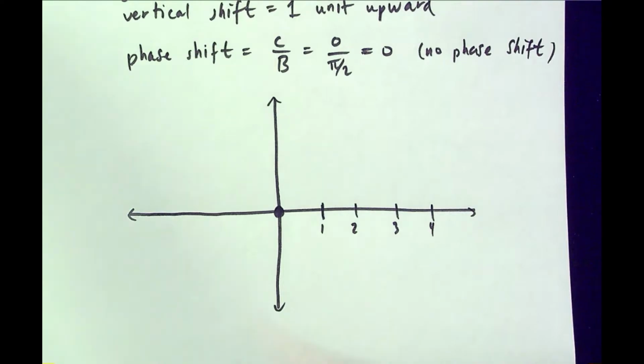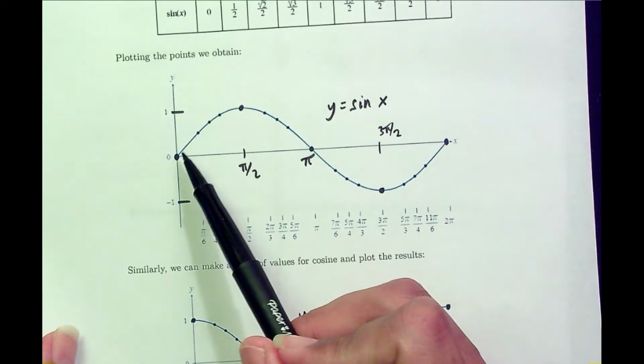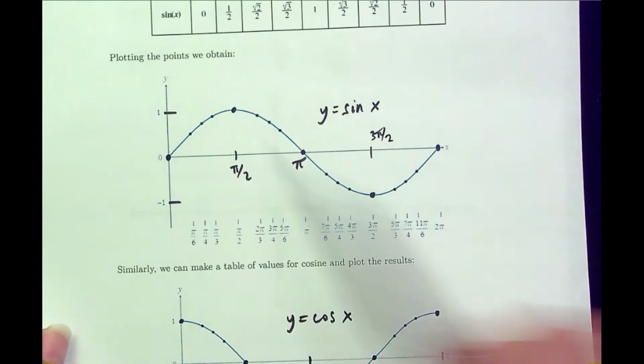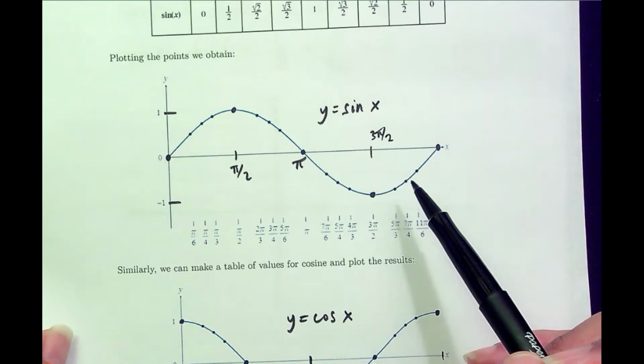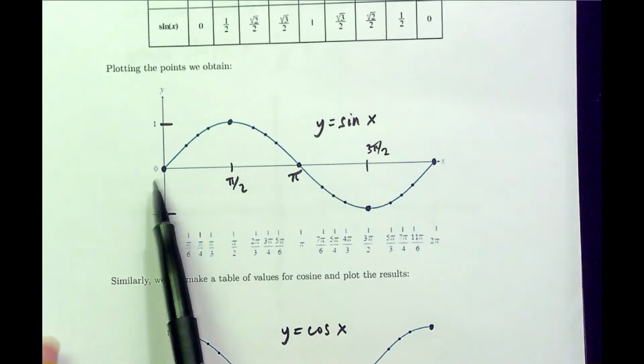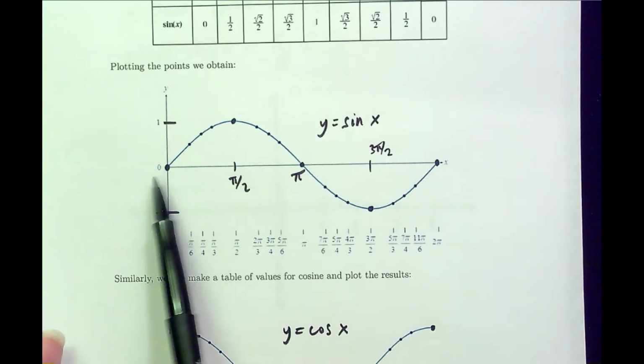And now look at what we're going to do. We're going to follow all these points, chase them around after applying the transformation. So these points have not moved. The start has not moved to left or right, and I know it ends at 4.